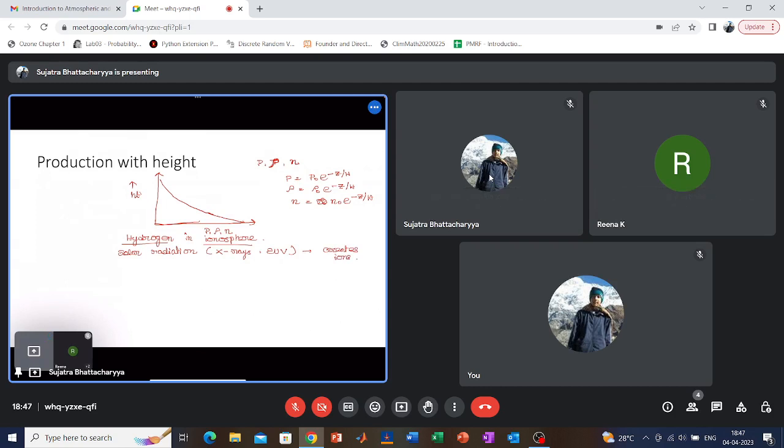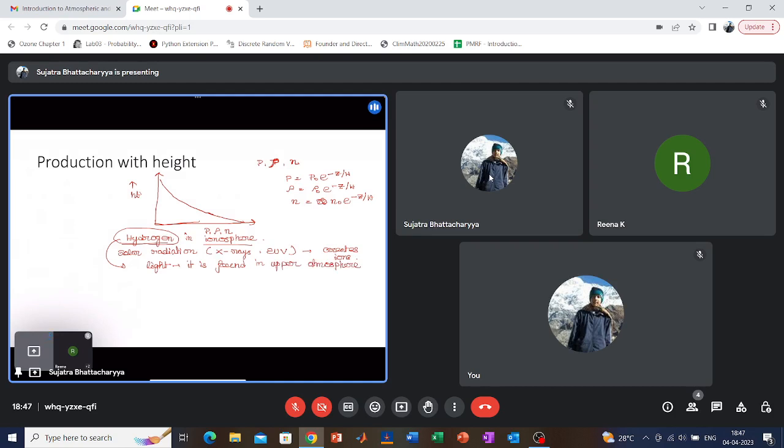Now hydrogen is also light in density. So it is generally found in the upper atmosphere, particularly in the ionosphere region. Not much found in the troposphere, but mostly in the upper atmosphere it is found. Why? Because its density is low.